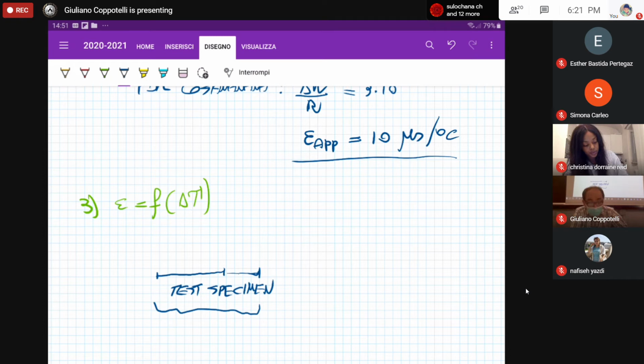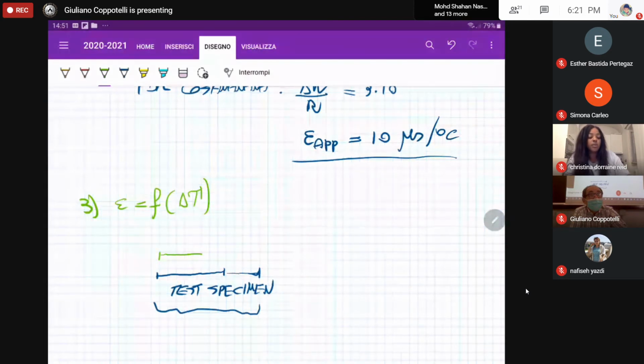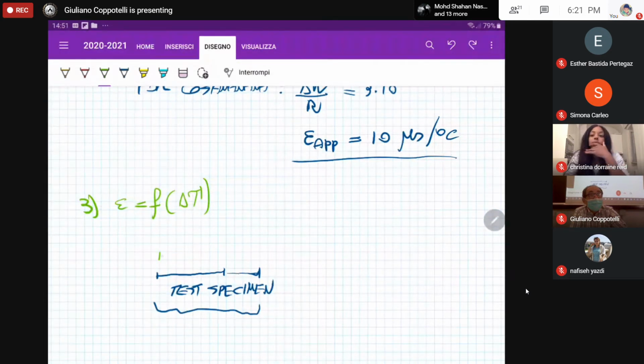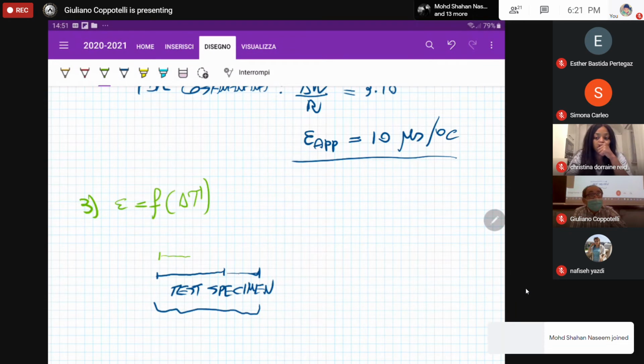What we have now is that, bonded on this structure, we also have the strain gauge. From the point of view of the strain gauge, we have something like this.